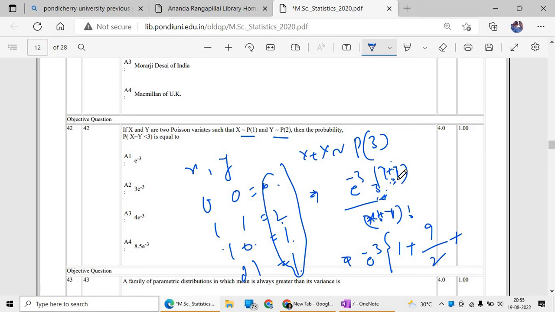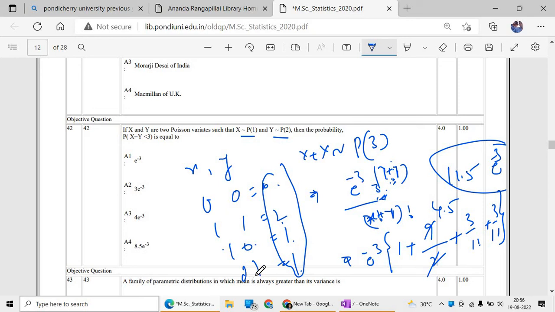When I take 1 here, x plus y is 1, then 3 power 1 by 1 factorial, again 3. So 3 plus 3 is 6, 7, 11.5 into e power minus 3. It is coming 11.5 into e power minus 3.